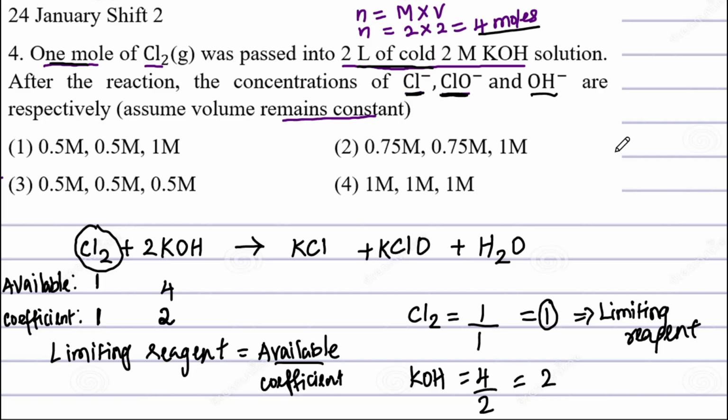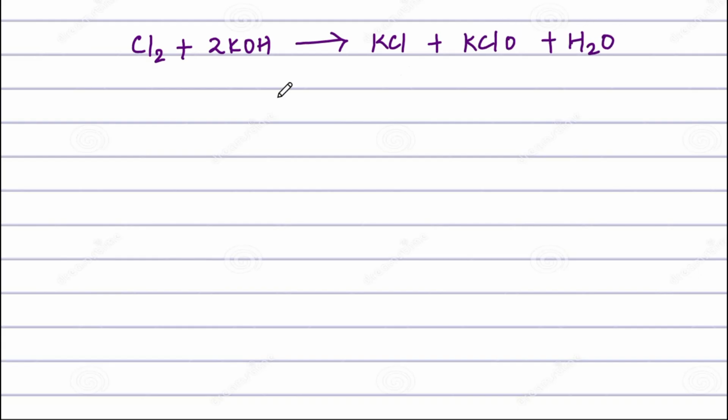So now let us see the number of moles of the product formed. Again let us write the equation: Cl2 plus 2 KOH gives KCl plus KClO plus H2O. Now we found that the limiting reagent is Cl2. In the question it is given that 1 mole of Cl2 is present.